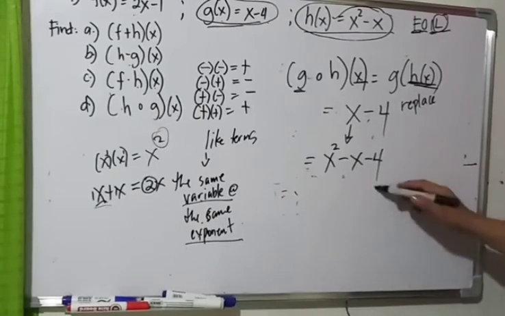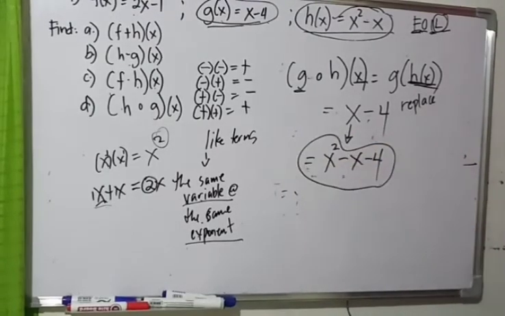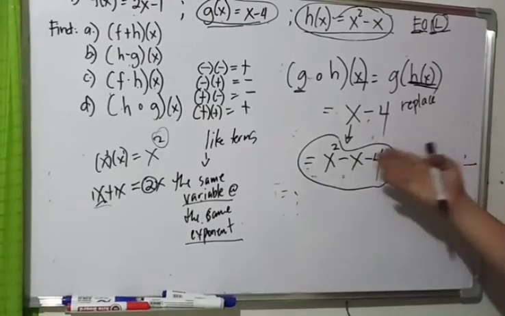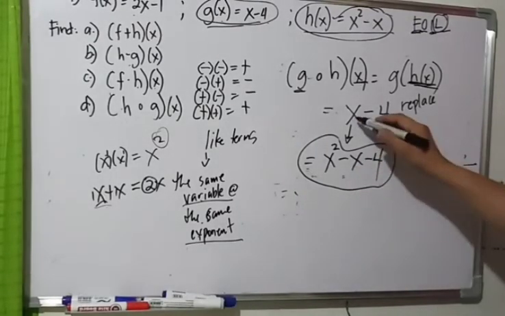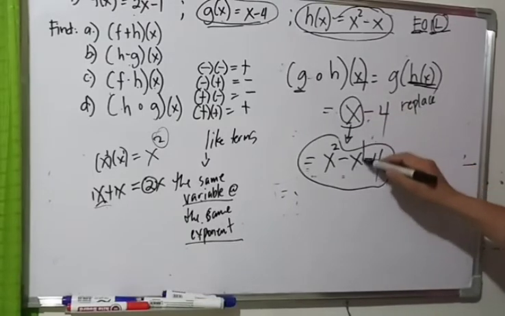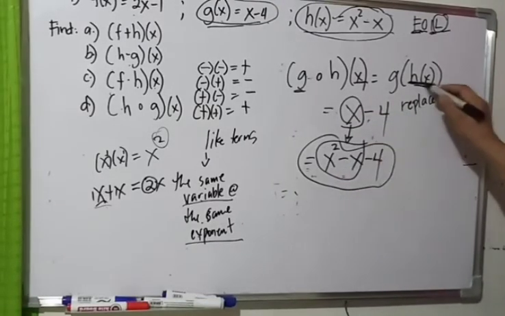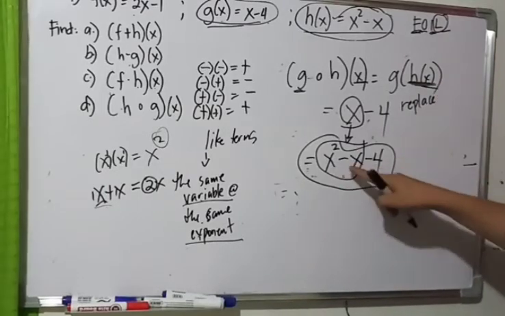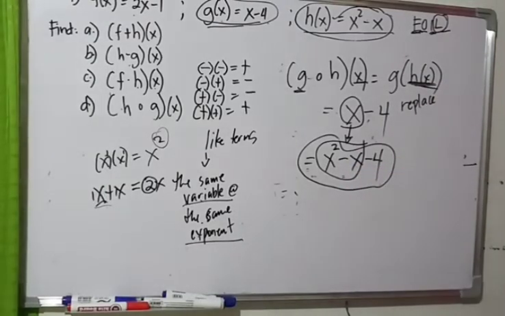So, ito na yung final answer natin kasi hindi natin masimplify. So, X squared minus X minus 4. Ito na yung final answer. So, ang X, this one, ito yung value niyan, that is the value of H of X: X squared minus X. Okay, that is the final answer.